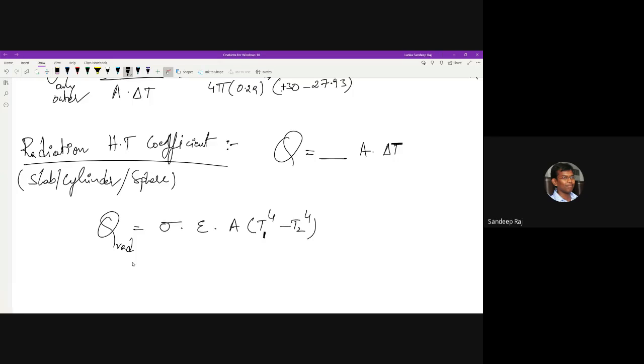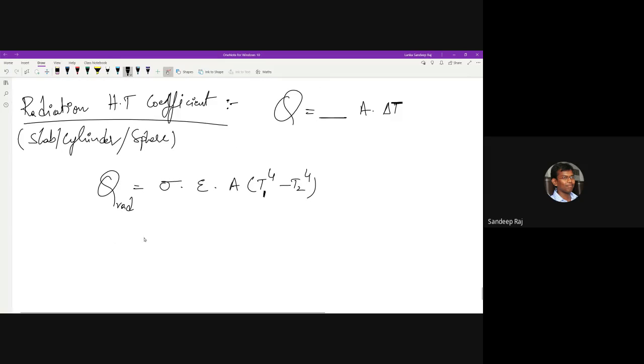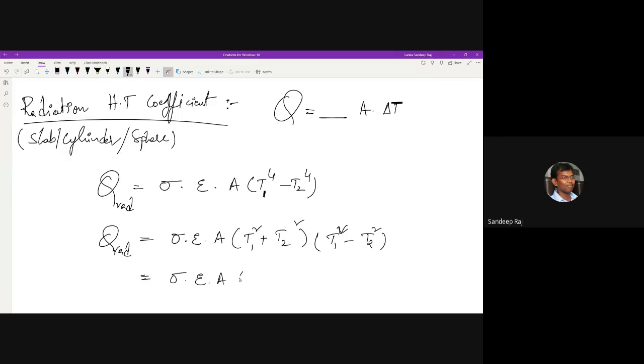So for that, I will write Q radiation as sigma into epsilon into A into T1 to the power of 4 minus T2 to the power of 4, which I can write as (T1 square) minus (T2 square) squared form. Extending further, it is (T1 plus T2) into (T1 minus T2).